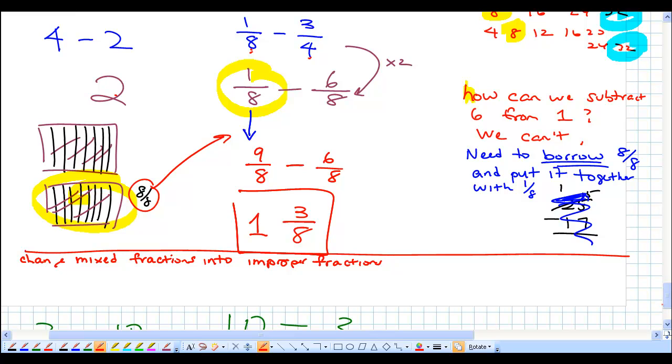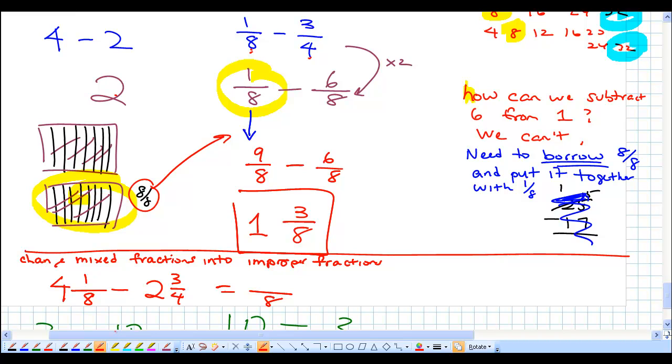Okay. Can someone help me out by changing that first fraction, 4 1/8, into an improper fraction? So how can I do that? We had 4 1/8 minus 2 3/4. So how can I change this into an improper fraction? Somebody help me out. Remember how to do this? The 4 1/8. Yeah, Abby, sure. Good.